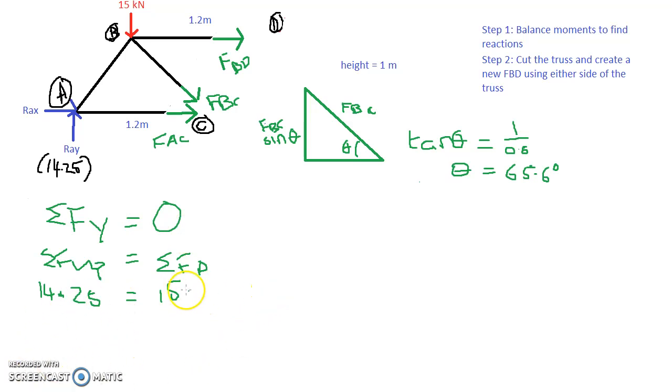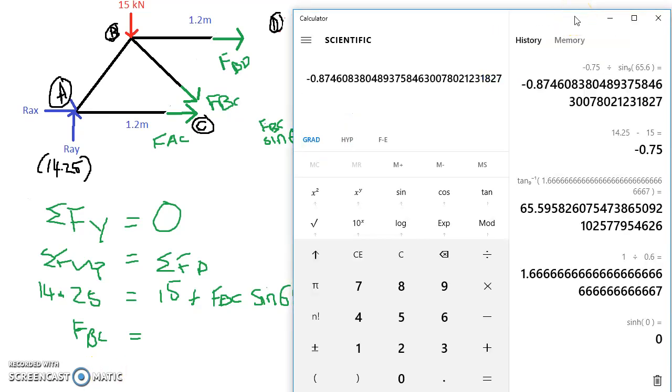So in the downwards direction, we also have FBC times sine 65.6. All right, so FBC, when we solve all of that, is going to be equal to minus 0.875.